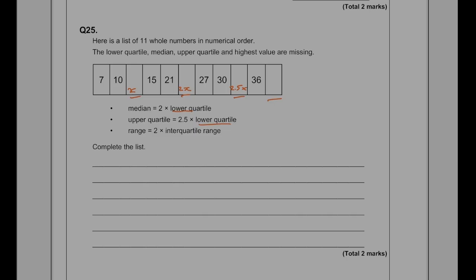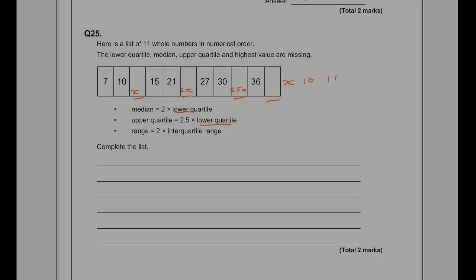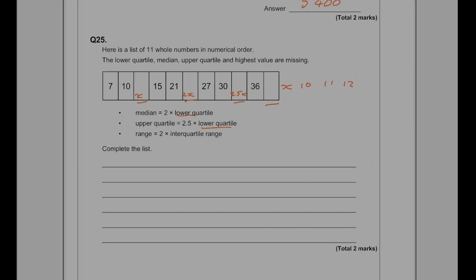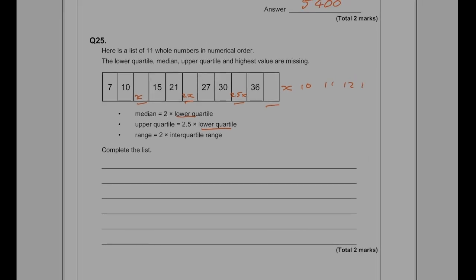Right, so let's start by thinking about the possible values for x. In theory, we could have it as 10. It's got to be a number between 10 and 15. It could be 10, 11, 12, 13, 14 or 15.